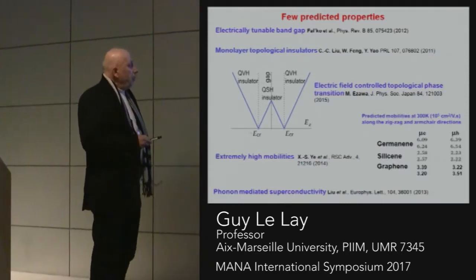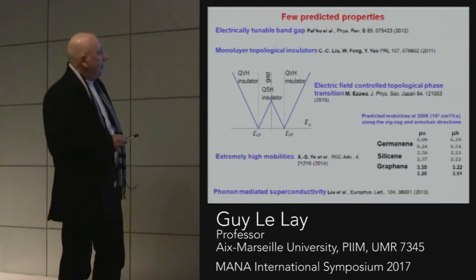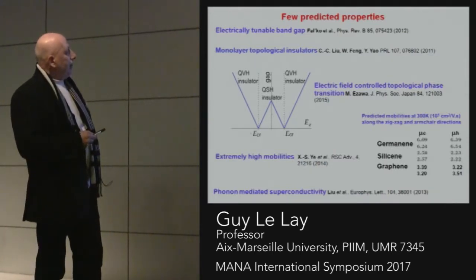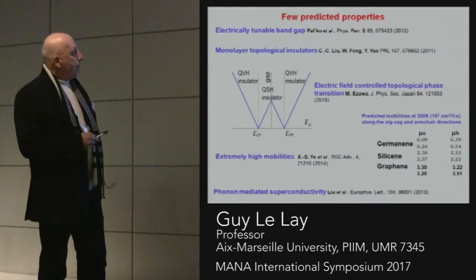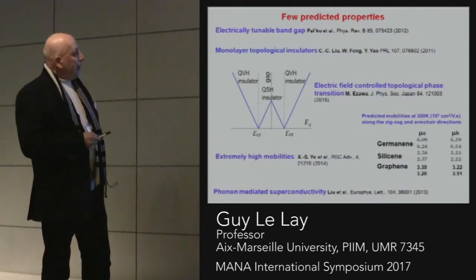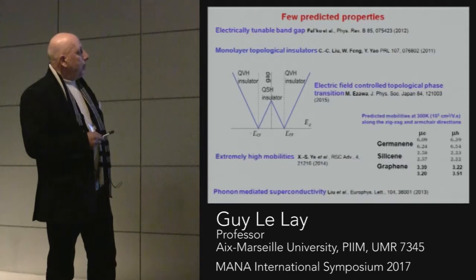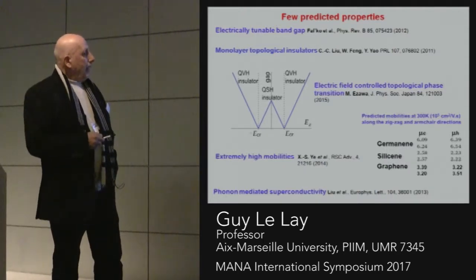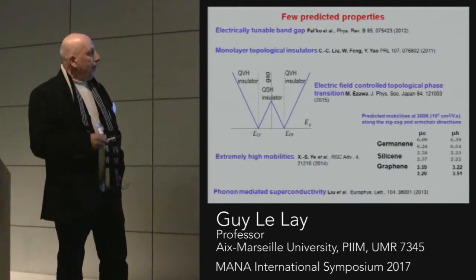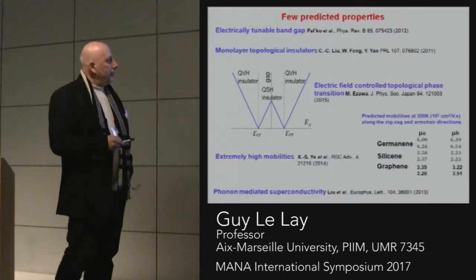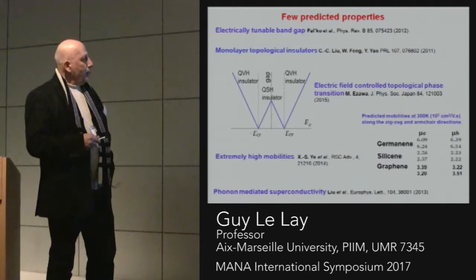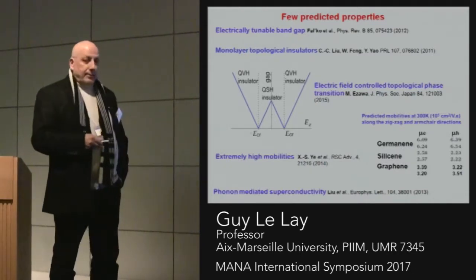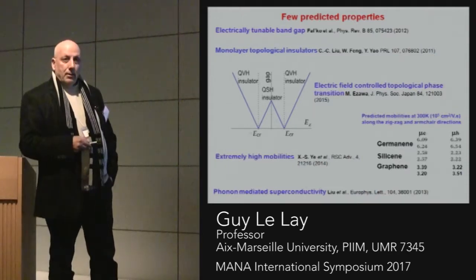From theory, there are many exciting properties which are predicted. Typically, the electrical tunability of the band gap. As I mentioned, these are, in principle, monolayer topological insulators. And it's possible to control even the topological phase transition, as shown by Izawa-san. The mobilities are extremely high.